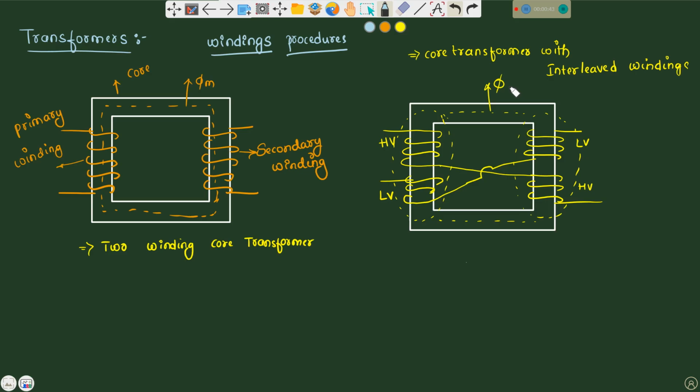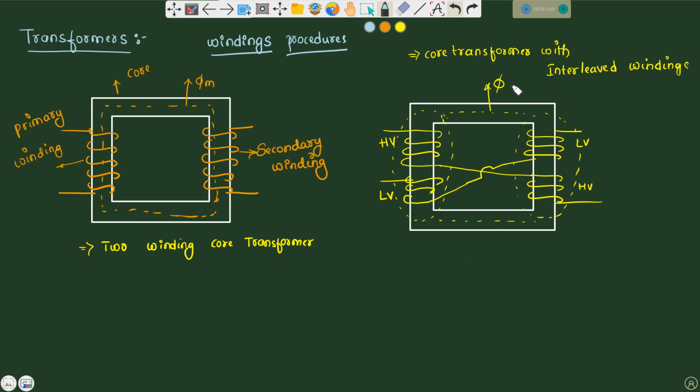We discussed how the transformer core is made, and we studied what CRGO steel is, why it is used, and laminations, stacking factor, etc.